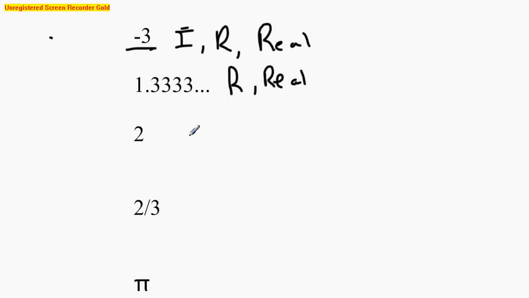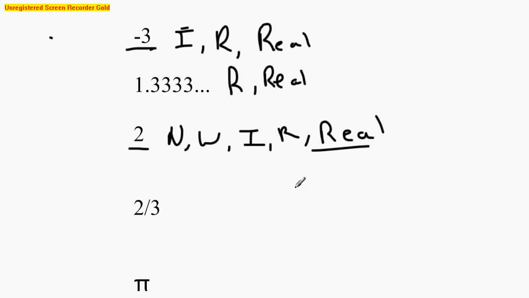Okay? All right, the number 2. This is going to basically be everything, because the number 2 is a natural number, which means it's also a whole number, which means it's also an integer, which means it's also a rational number, and then everything is a real number. Everything's always going to be a real number, so we can add that on. Okay, 2/3.